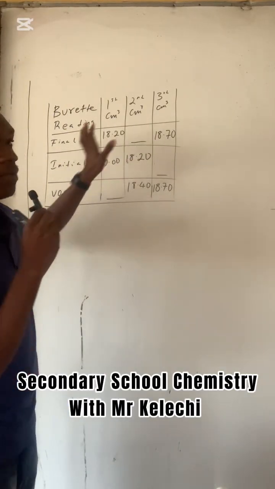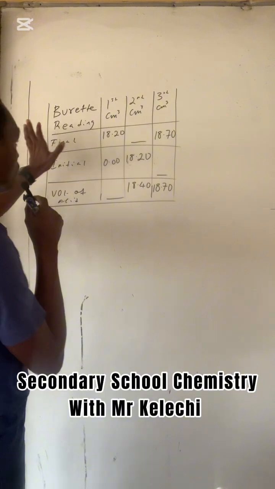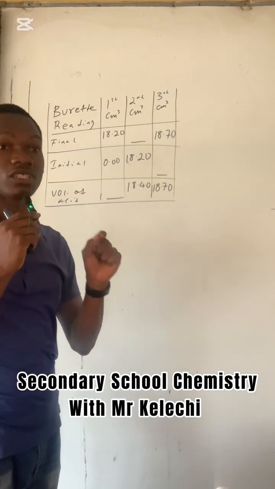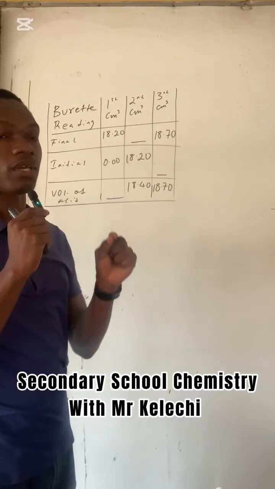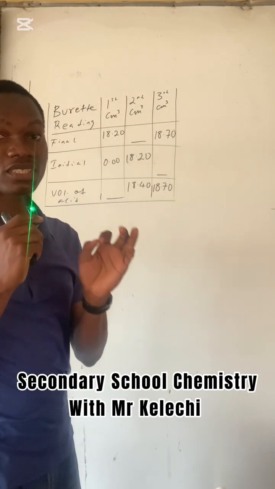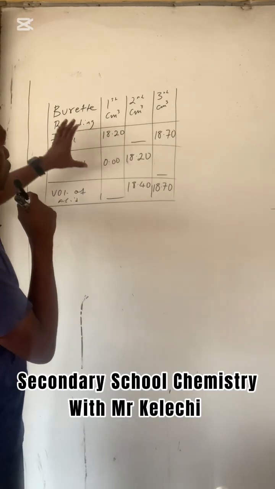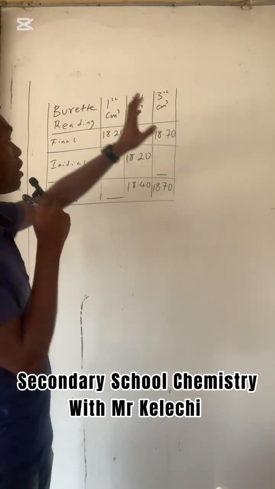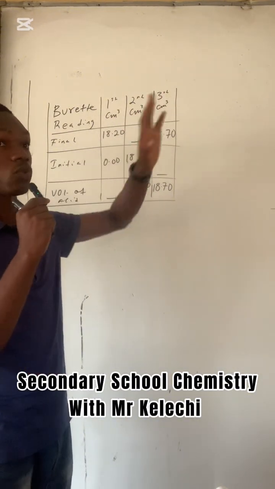First of all, let me explain what this table means. This table contains data gotten from a particular acid-base titration. This is the burette reading. The burette reading is carried out three times: the first, second, and third, in order to get the average.